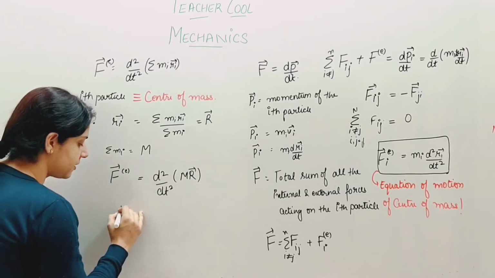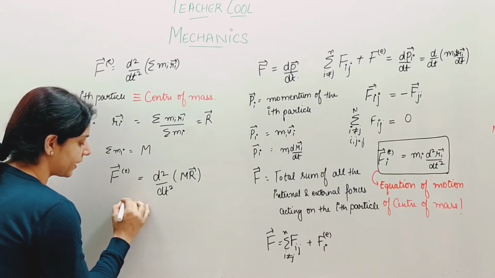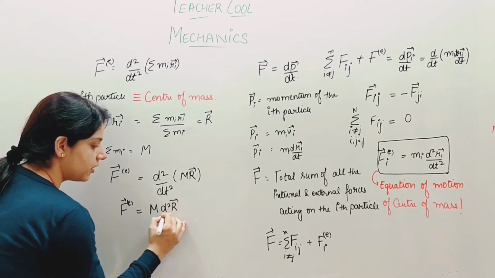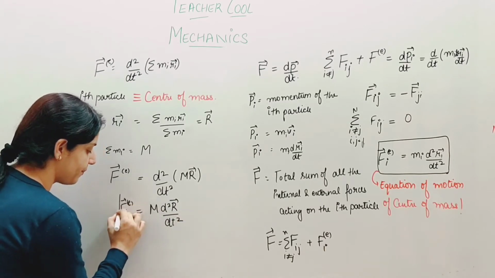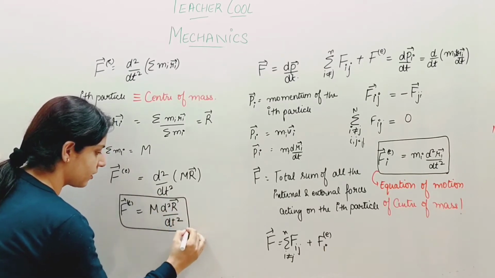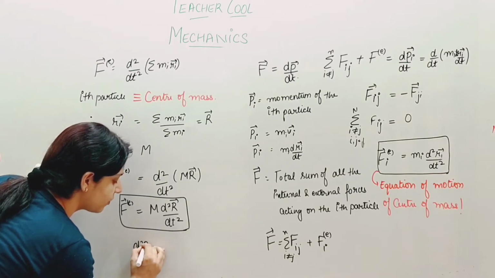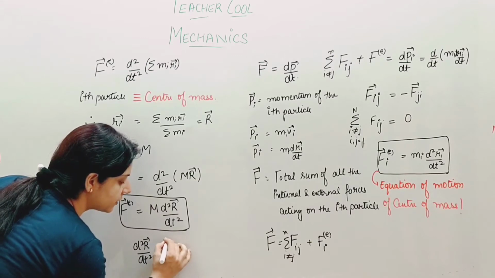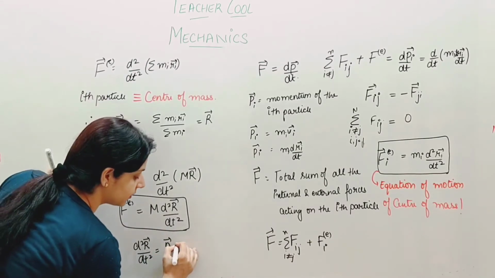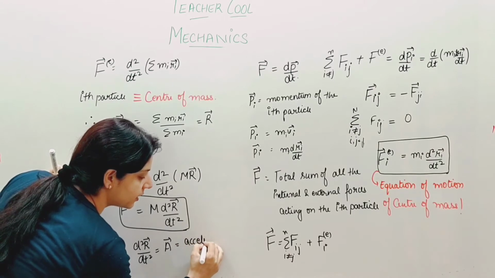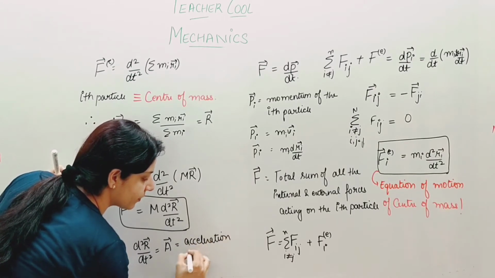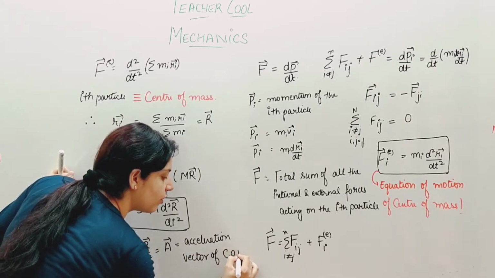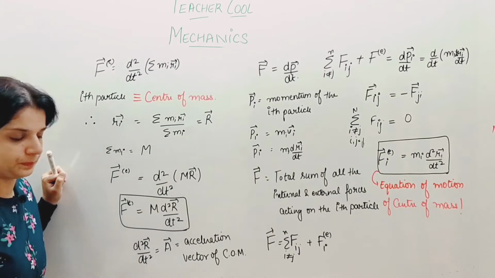Taking the derivative inside, I will get F external vector will be M into d square R vector over dt square, where this d square capital R vector over dt square represents the acceleration vector of the center of mass of the system.